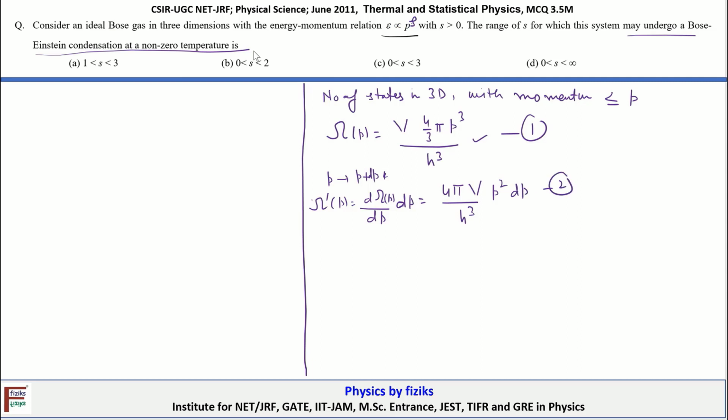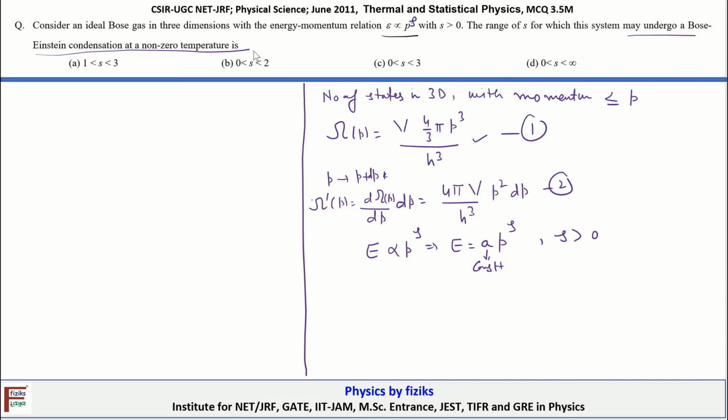Now we have a relationship where E is proportional to p power s. This implies E equals a p power s, where a is a constant of proportionality, and it's given that s is greater than 0.